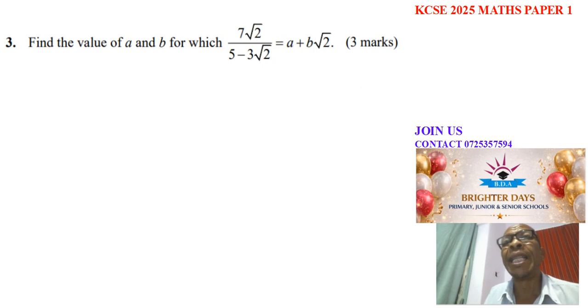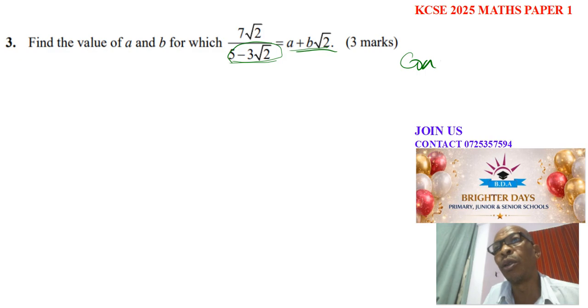So in surds, what we need to do here is to remove the surd in the denominator. To get rid of this, we need to multiply by what we call the conjugate.